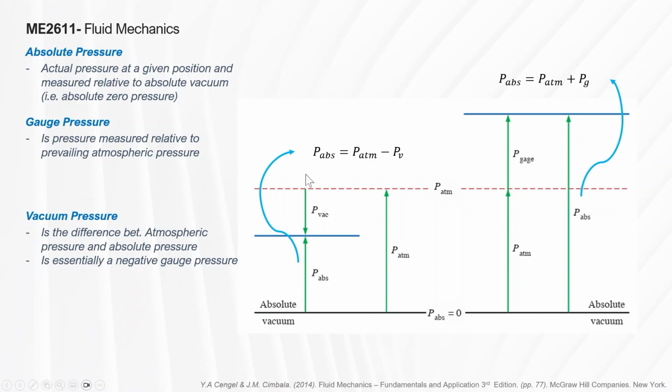So, in this case, Pvac equals Patm minus Pabs. Okay? It's essentially a negative gauge pressure. It's negative because it's sucking in. Basically, vacuum pressure mo is gauge pressure nga, but with a negative sign. Okay? Since it's sucking up air instead. Because it has an absence of air, it's a negative pressure.